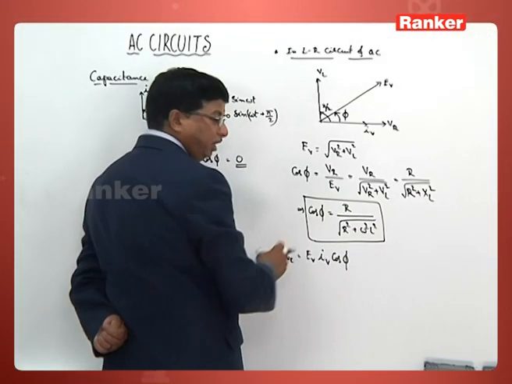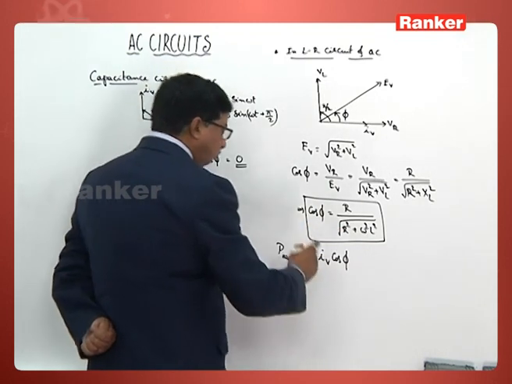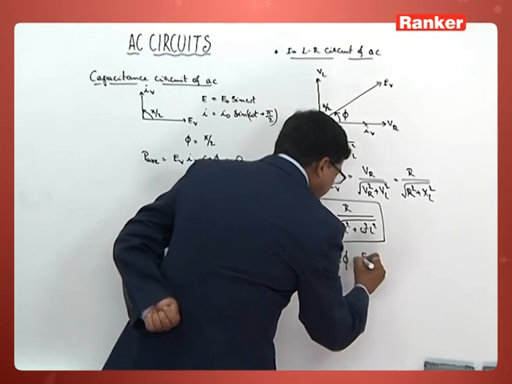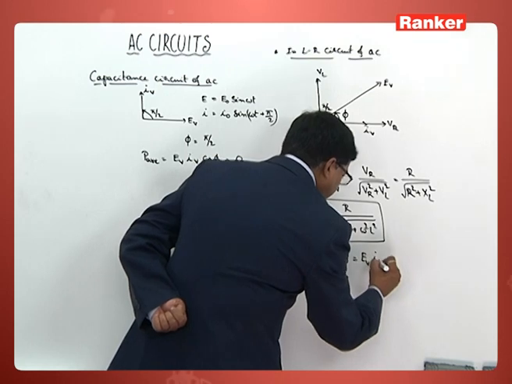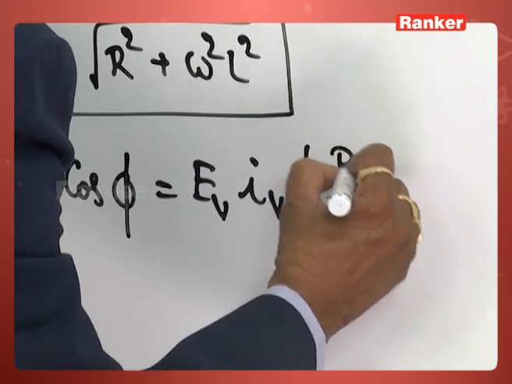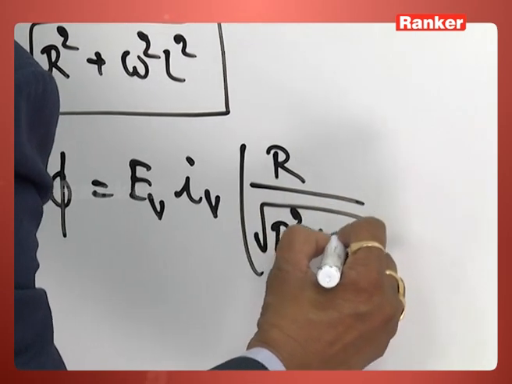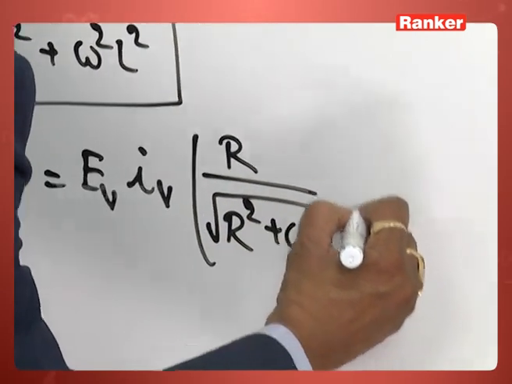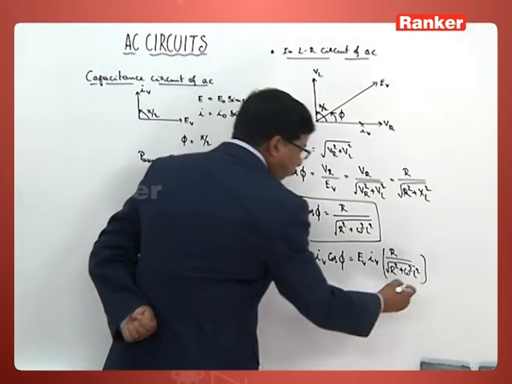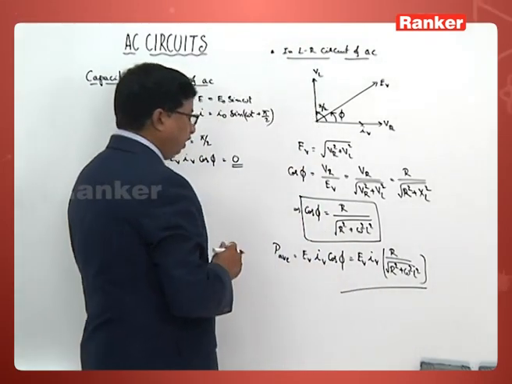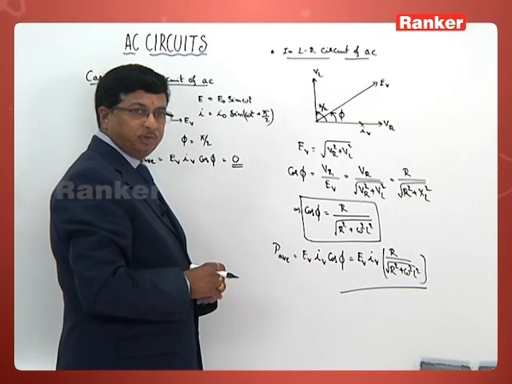Already we have kept it ready here. Substitute that value here, and you get EV into IV into R by root over R square plus omega square L square. This is one form of the equation for power.